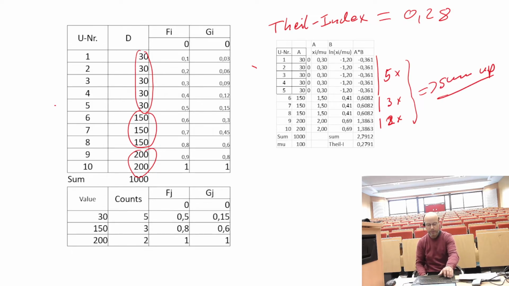And then you will be quite faster if you do it by hand. If you choose some software package, then of course it doesn't matter if you just put in this data or if you put in the aggregated data.